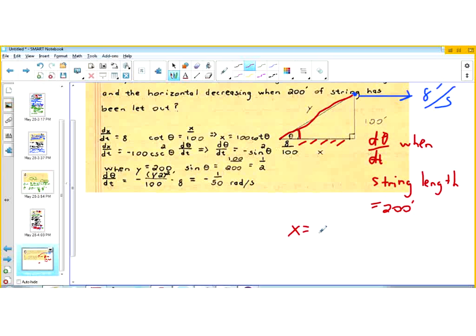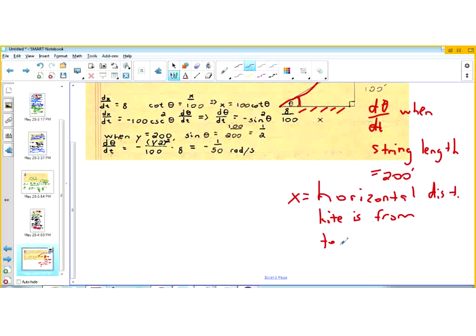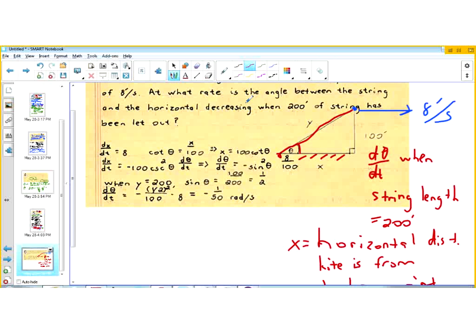So if we let x be the distance the kite is, let me write that down. x is equal to the horizontal distance the kite is from the person holding the string. Kite is from the tether point. We'll call it the tether point. This will be the tether point right here.